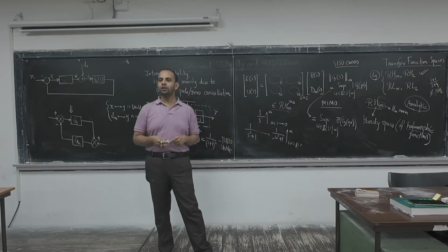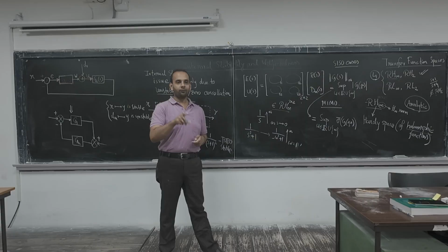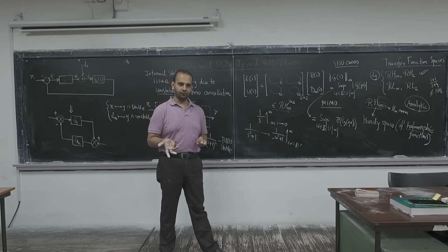But in the frequency domain, y of s equals g of s into u of s. U of s is a signal that is being multiplied by g of s. This simple product is impossible in the time domain, because two time domain quantities cannot be in product form. Of course they will be in terms of convolution.